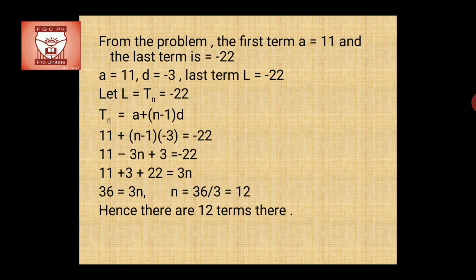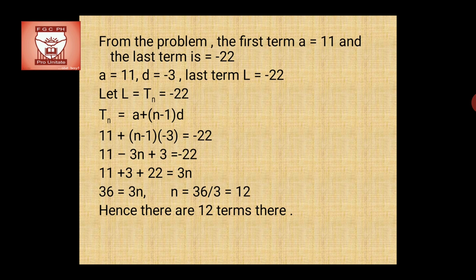From the problem, the first term is 11 and the last term is minus 22. The common difference was given as minus 3. Let us denote the last term, L, as minus 22.